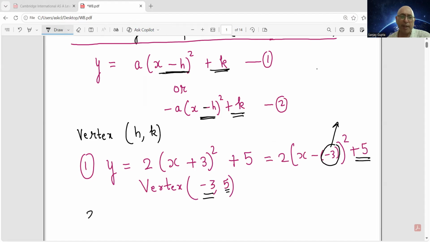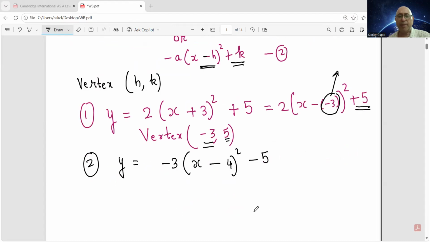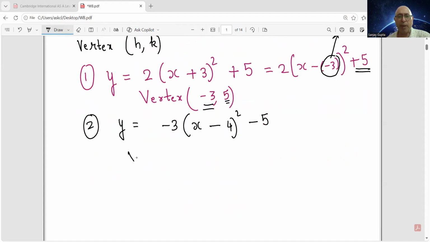Then let's take the second example here. Let's take y is equal to negative 3 times (x minus 4) whole square minus 5. If I take this example now, the vertex is very clearly, it's already x minus 4. So we'll have 4 as the x coordinate of the vertex and negative 5 as the y coordinate of the vertex.